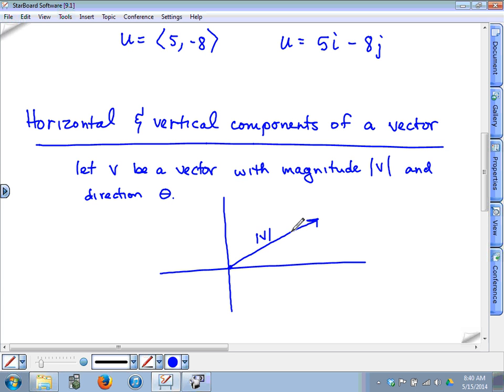So the length of this vector I'm calling the magnitude of V. The direction, let's call it theta. Now rather than just telling you the formula, you guys are usually pretty good at coming up with these on your own. What we're getting at is how could we describe the horizontal and vertical components of a vector if all we know is the magnitude and direction?